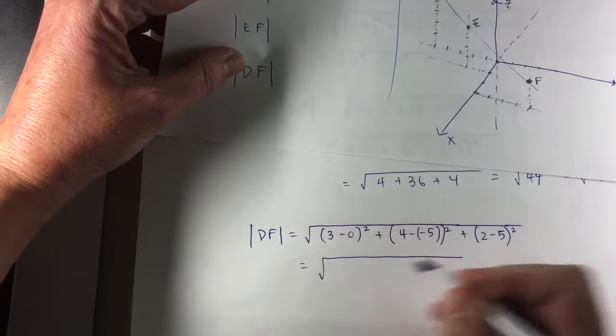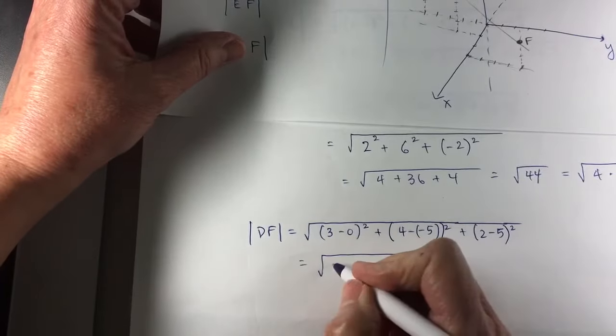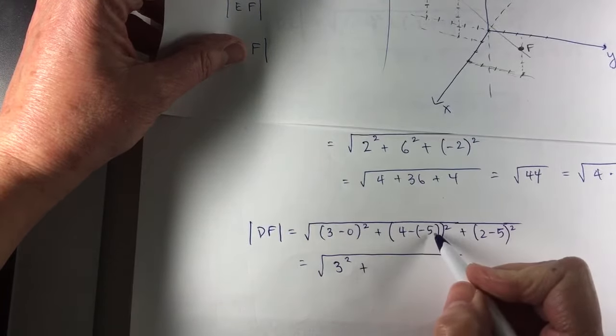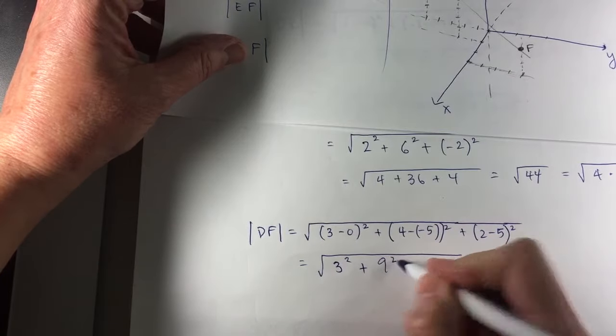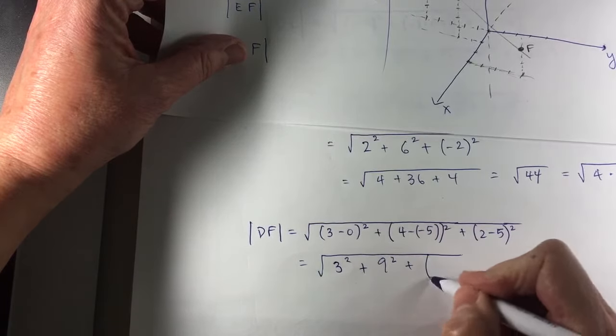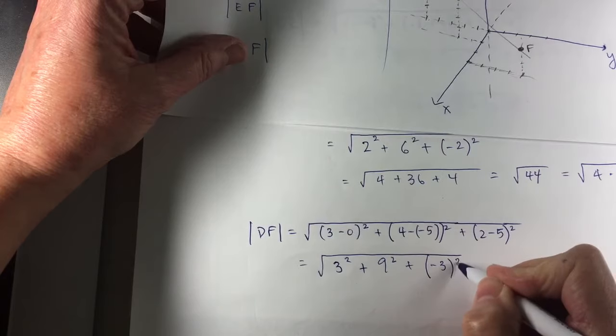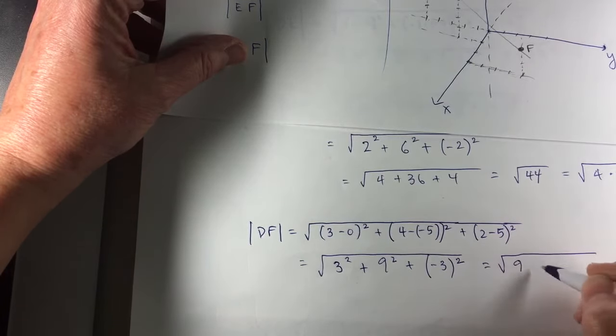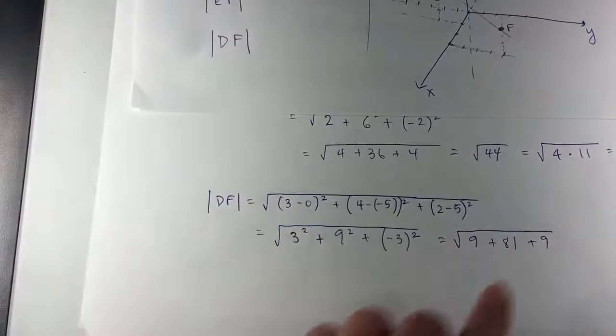So this is the square root of 3 squared plus, 4 plus 5 is 9, 9 squared, plus -3 squared, so that's the square root of 9 plus 81 plus 9.